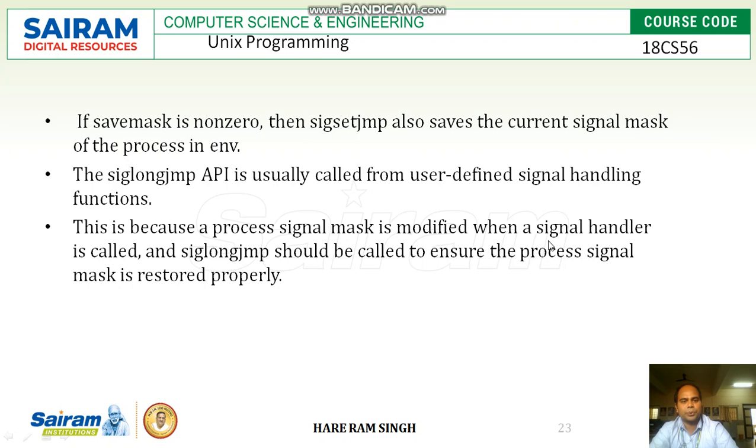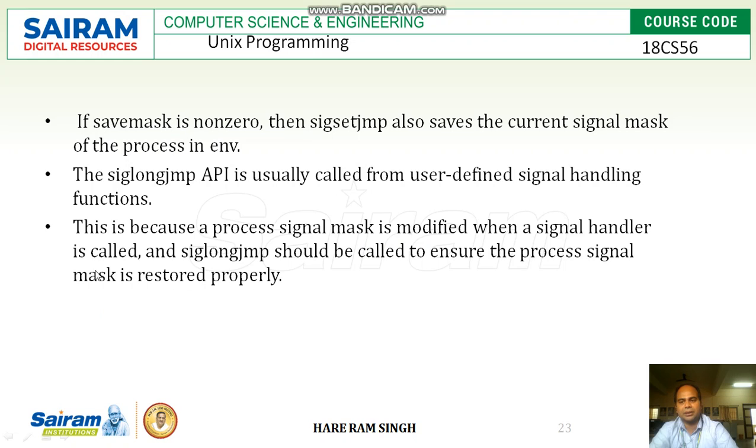This is because a process signal mask is modified when a signal handler is called, and siglongjmp should be called to ensure the process signal mask is restored properly.